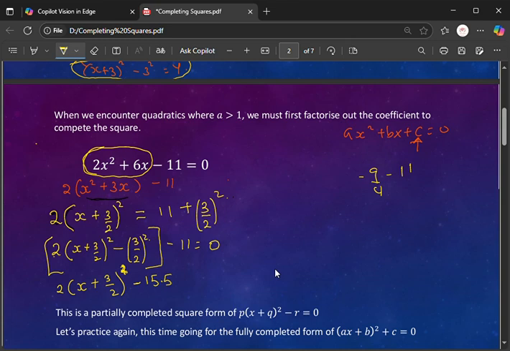I'm checking also on a calculator to make sure we get the correct thing. I think this will be 13.25. Let's go step by step.